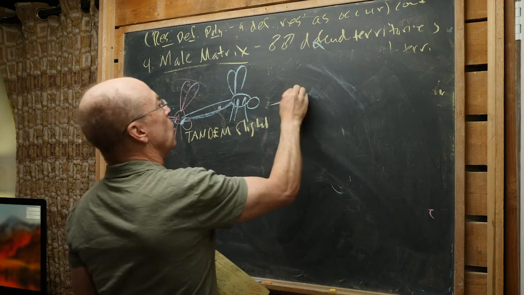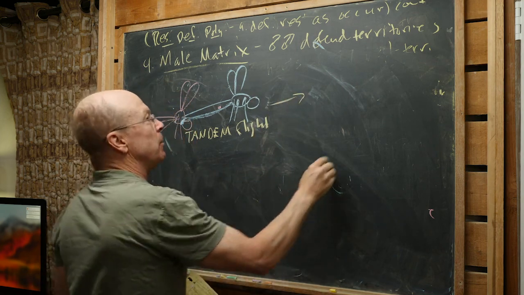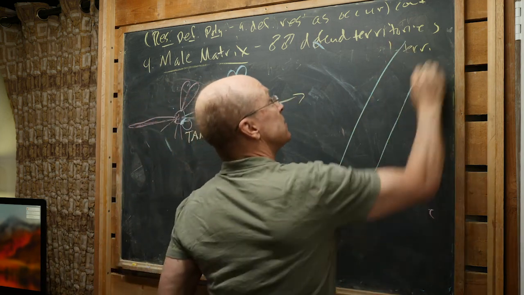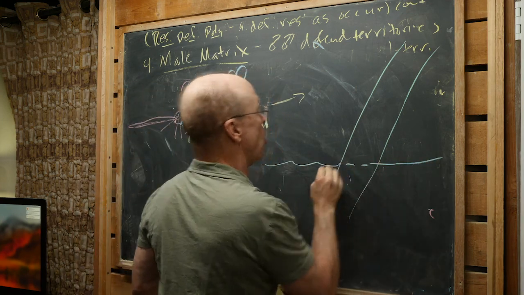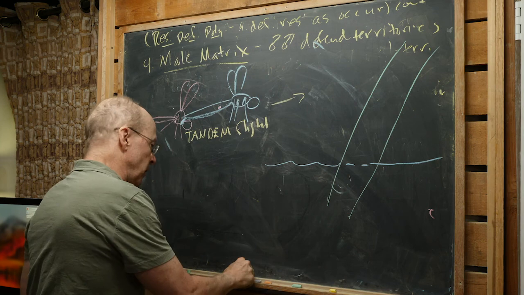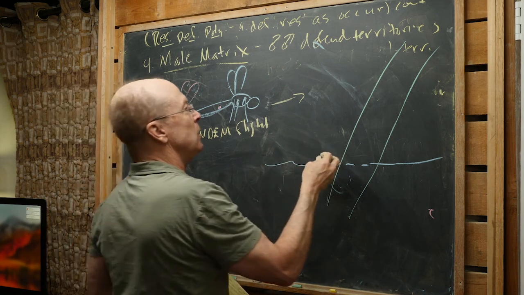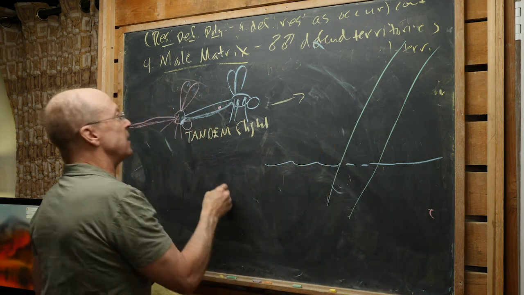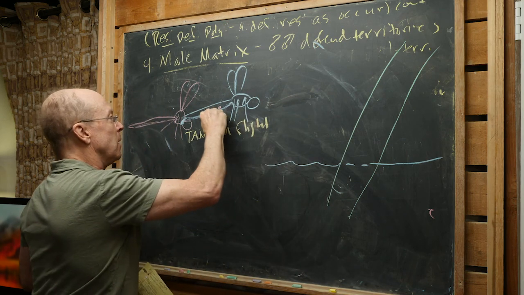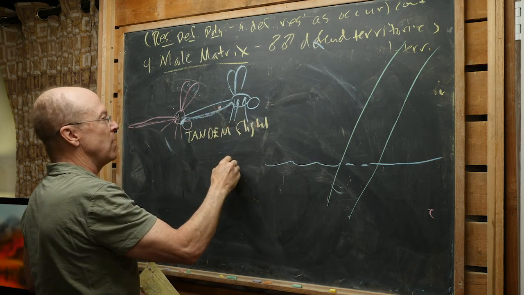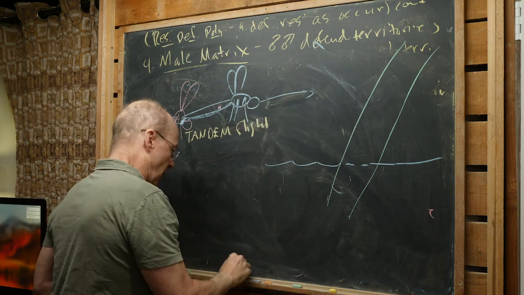They call this process tandem flight. And then he will go and fly to some emergent veg. So here's some emergent veg, and here is H2O. Let's actually do this first. I just don't have as much space as I want, so I'm going to do it here.